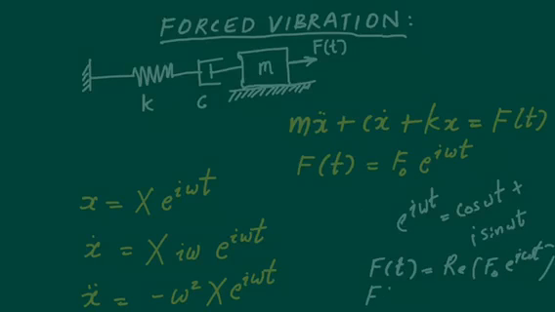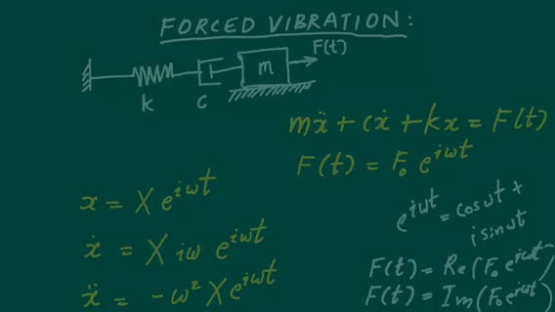Another class of harmonic excitations: if f0 sin omega t is the excitation, then we can write it as the imaginary part of f0 e raised i omega t. By using this notation, we can effectively represent all harmonic excitations.